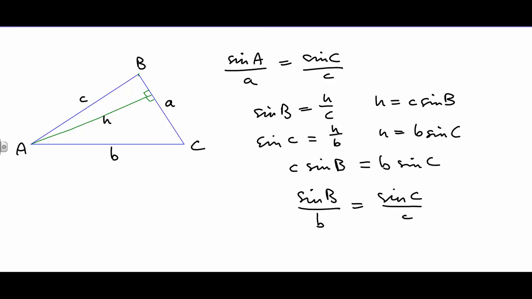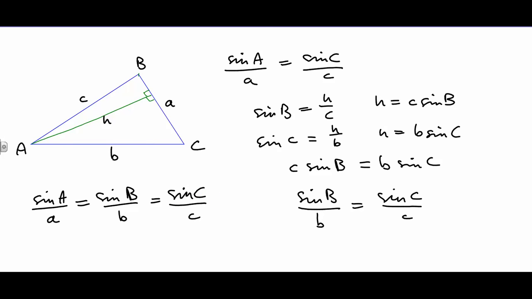And so sine A over a equals sine C over c, sine B over b equals sine C over c, so all three must be equal, and we have sine A over a equals sine B over b equals sine C over c.